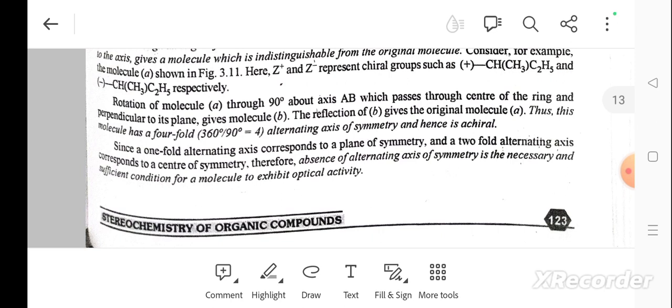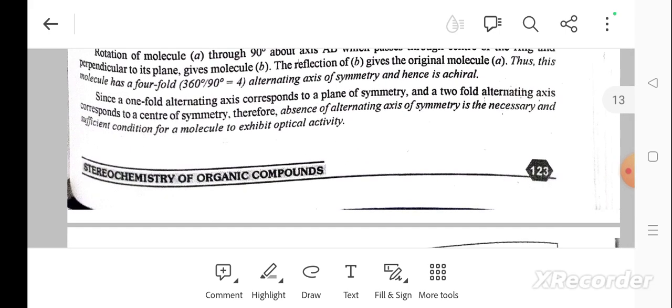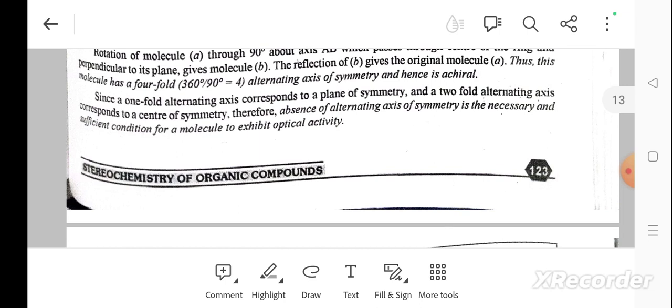Rotation of A through 90 degrees about the axis AB, which passes through the center of the ring and is perpendicular to its plane, gives the molecule B. The reflection of B gives the original molecule. This has a fourfold, 360 divided by 90 equals 4, alternating symmetry and hence is achiral.